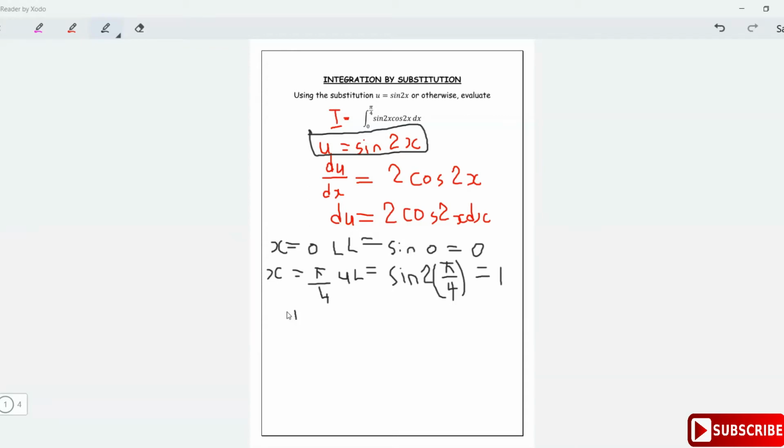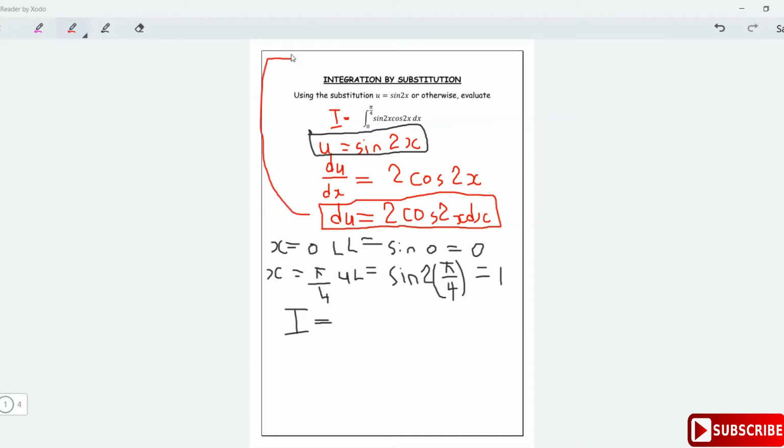So now I can rewrite that I is equal to, now remember, u is sine 2x, and du is 2 cos 2x dx. If we divide both sides by 2, I'm going to write it up here. Just follow it up here.